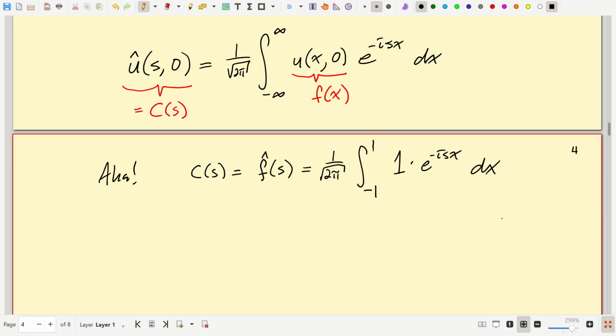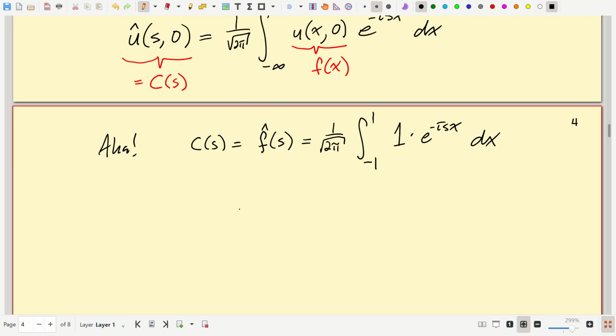That's a pretty easy integral. In fact, the antiderivative of e to the minus isx would be 1 over minus is, e to the minus isx evaluated between x equal minus 1 and plus 1.